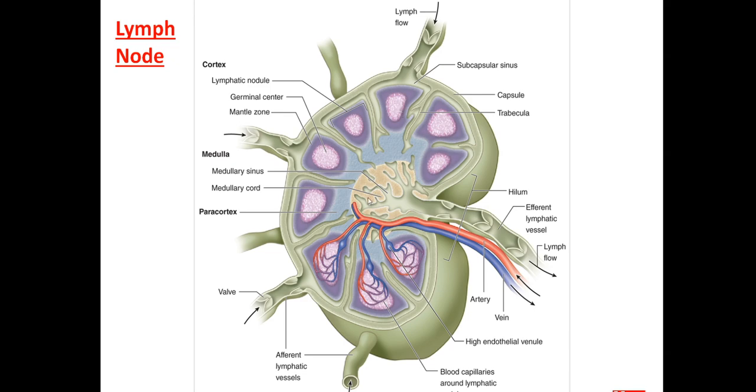This is the medullae of the lymph node, which consists of medullary cord and medullary sinuses. In between the cortex and medullae there is a layer called the paracortex, at the end of the lymphatic nodules, where the medullary cord and sinuses appear. This light blue layer here is the paracortex.